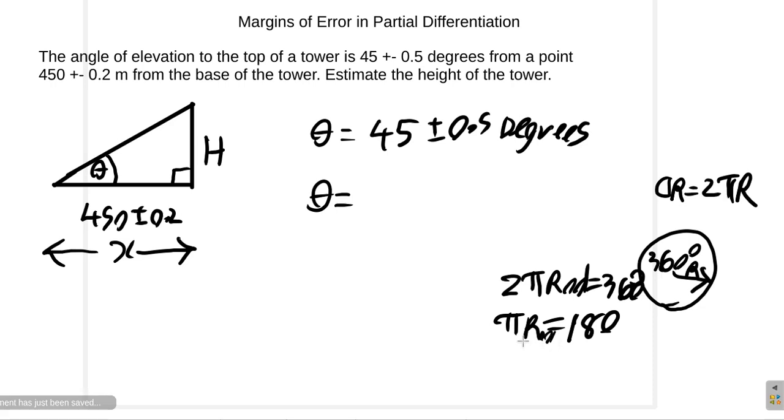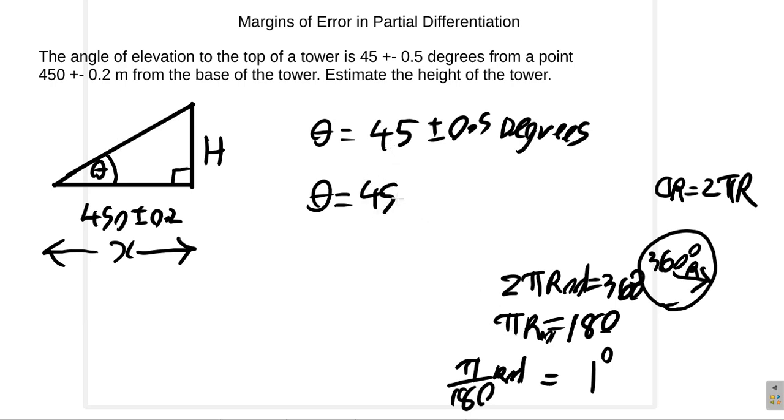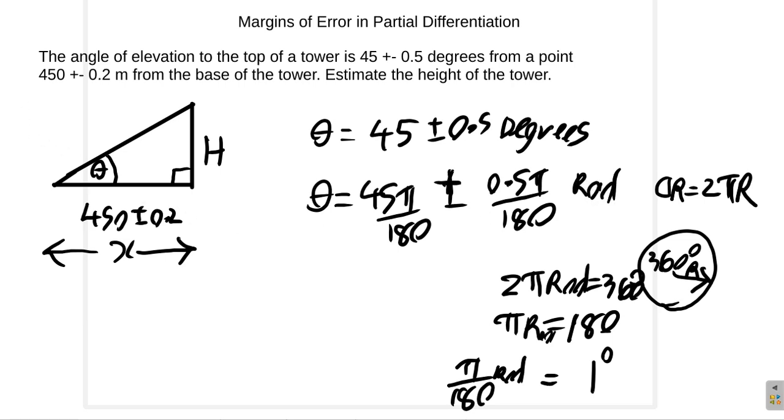Let's find out what 1 degree is in radians and then multiply by 45. So 1 degree is equal to pi over 180 radians. So 45 degrees would be 45 pi over 180 plus or minus 0.5 pi over 180. This is now in radians.